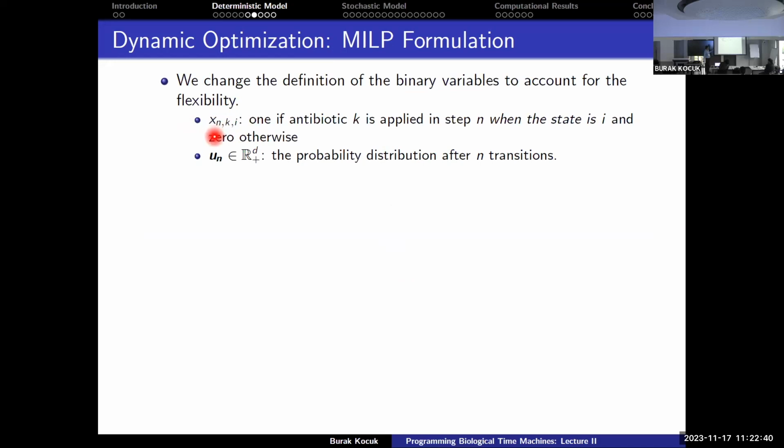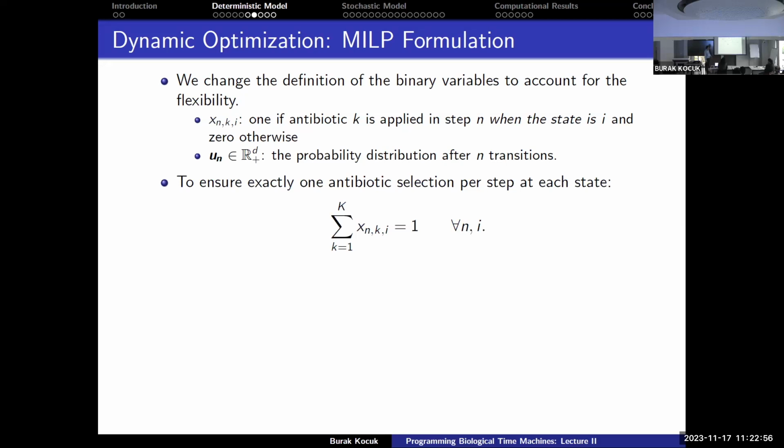So the decision you make in step n is antibiotic K under the assumption that your state is I. So we add one more input. That's why this logical constraint is now different, because I have to choose an antibiotic K for each n, and I need to know how many steps I've taken so far, and I need to know where I am to make my next decision.